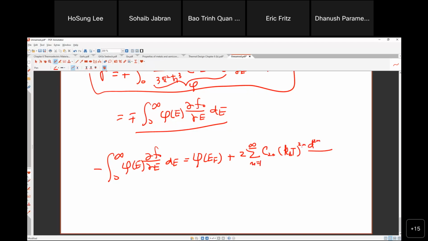N is the number of derivatives of the Fermi energy, something like that.